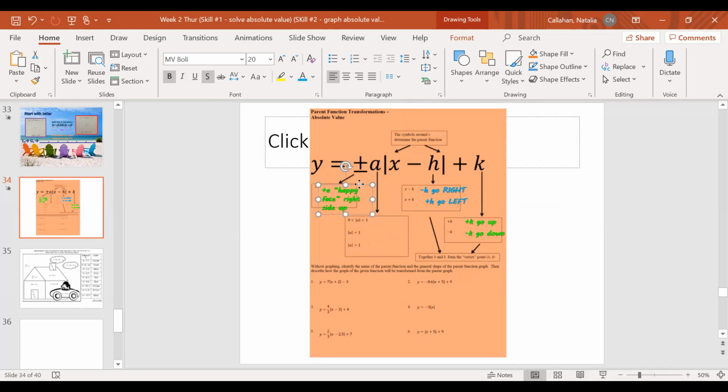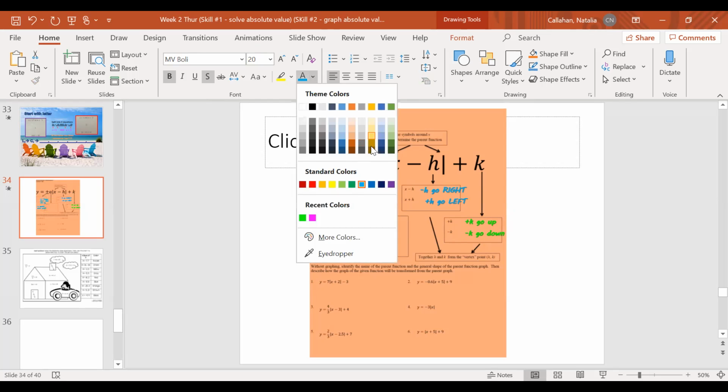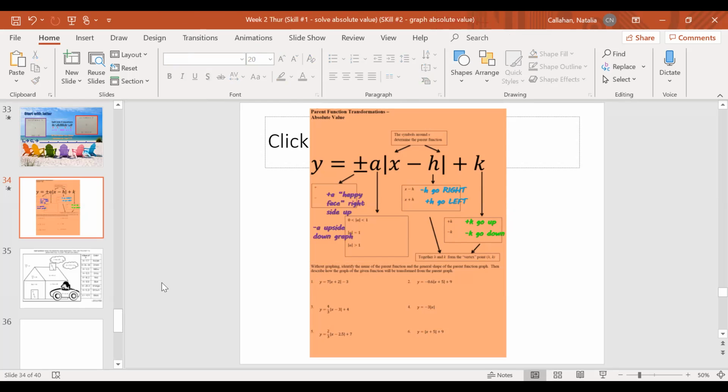Okay, and then similarly with this one, if it is a negative A, it is going to be an upside down graph. Let's see if I can find another color where, there we go, it looks a little better.